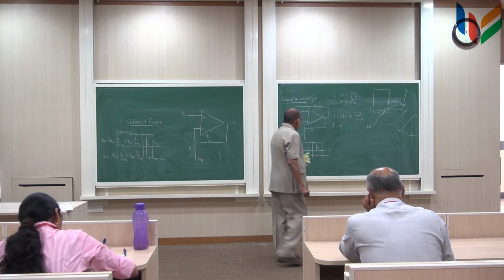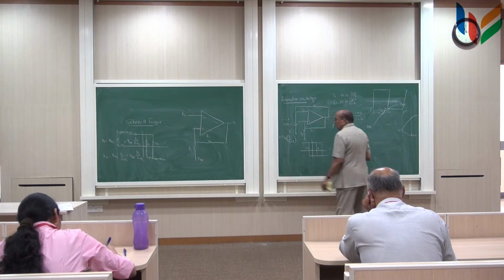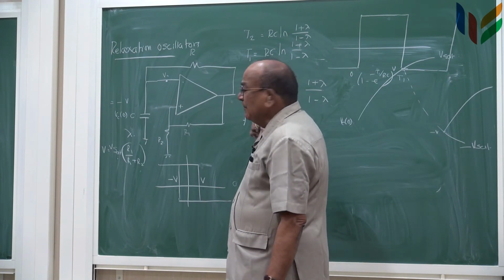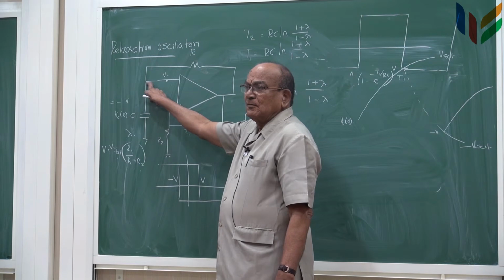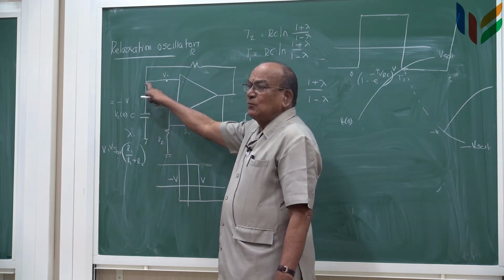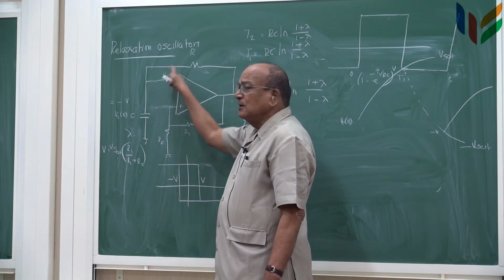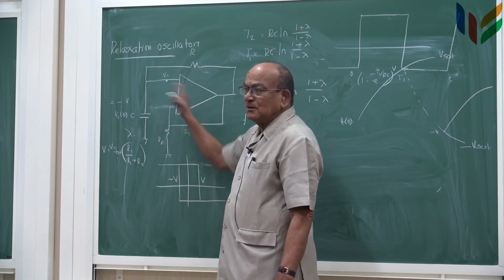Okay. If you look at this carefully, the timings have been decided by the voltage here, right, and the voltage in this case is generated by this charging of resistor and capacitor.